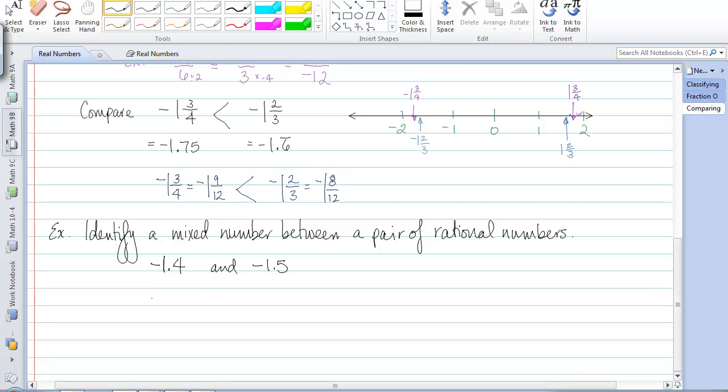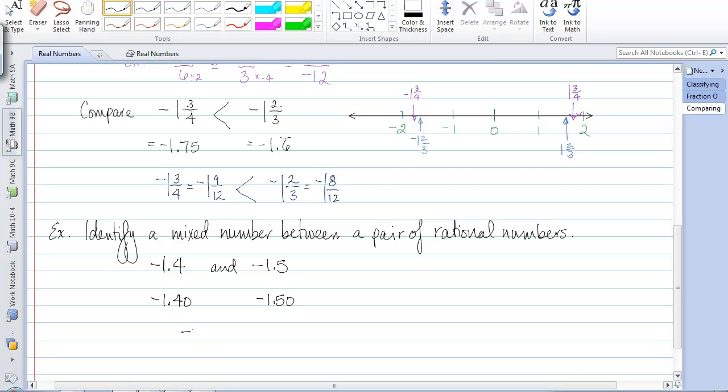So an easy way to think about this is, even though we need a mixed number or fraction, easier is almost looking at it in decimal form. And so if we think about it, we could have an infinite number of zeros after the 4, likewise an infinite number of zeros after the 5. So it makes it easier for us to see that we've got lots of options in between.